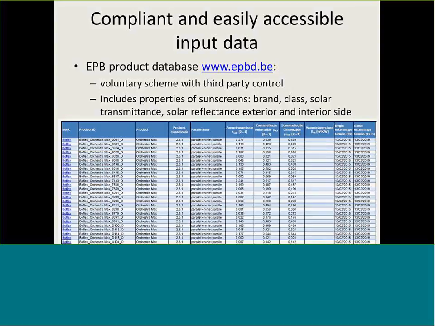For instance, in Belgium we have an EPB product database, which is a voluntary scheme where manufacturers may include their products provided their product performance properties are checked by a third-party control. And the database also includes properties of sunscreens. For instance, you see an example in the table below with transmittance, solar transmittance and reflectance values for each sunscreen.